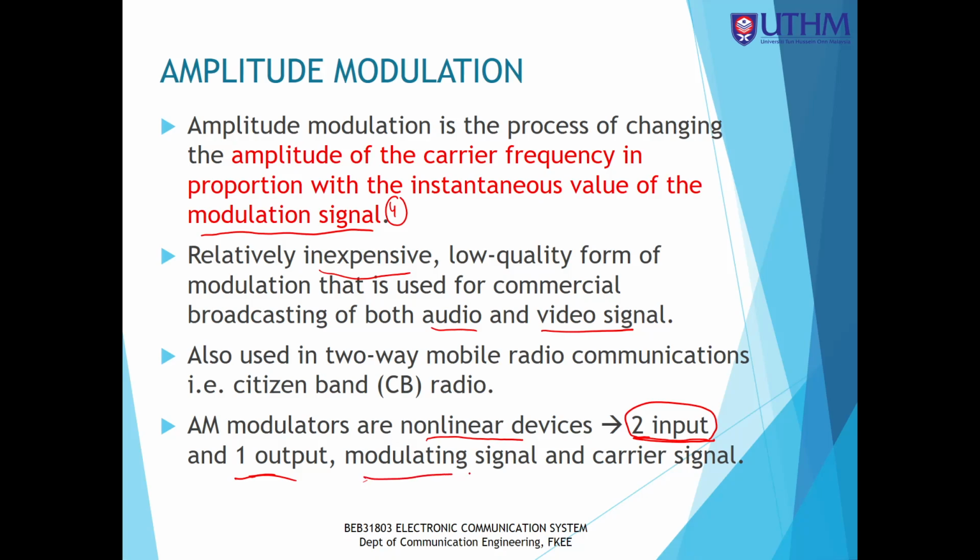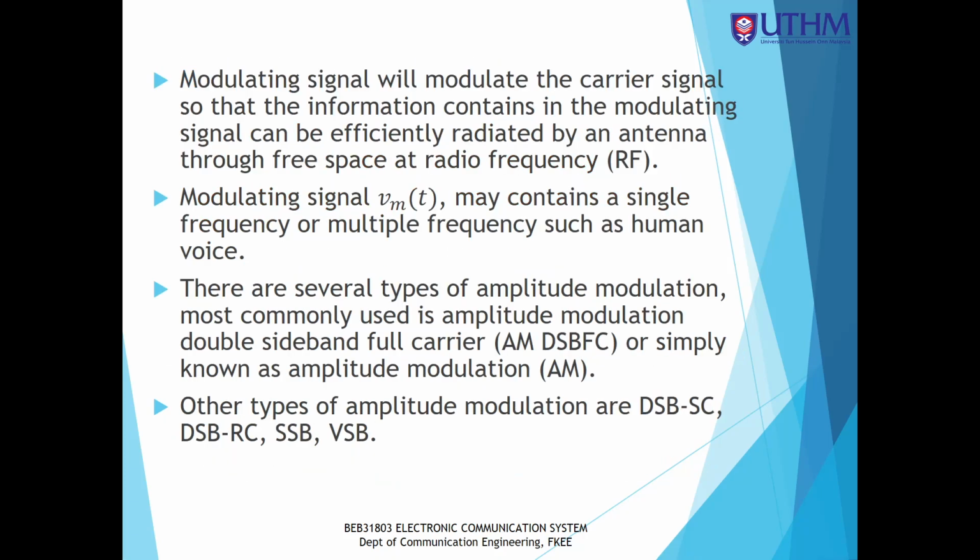The modulating signal and the carrier signal will mix together. So you need the 2 inputs: one is the carrier, another one is the modulating signal. The modulating signal will modulate the carrier signal so that the information contained in the modulating signal can be efficiently radiated by antenna through the free space at radio frequency.